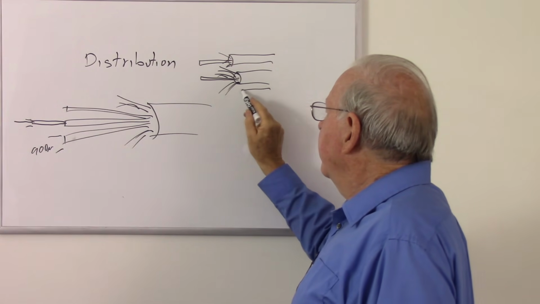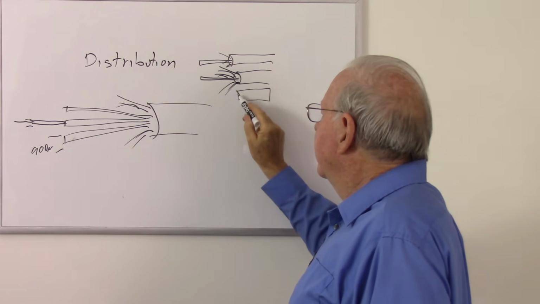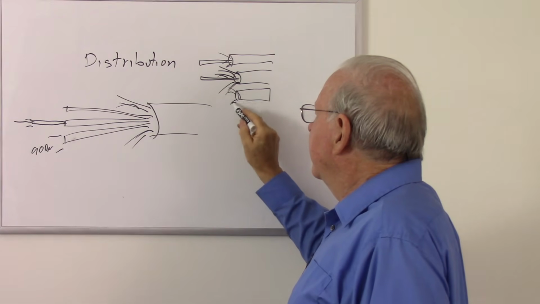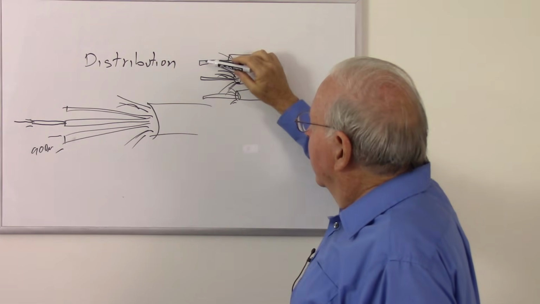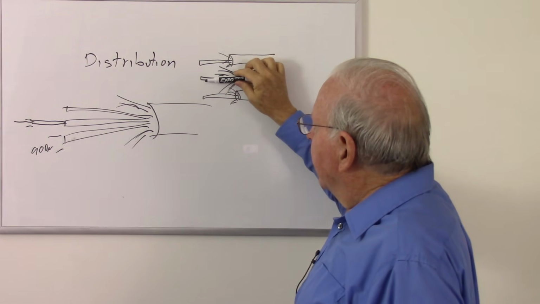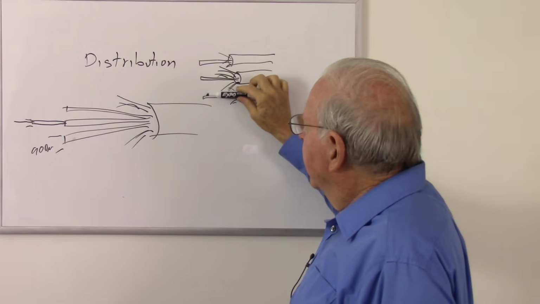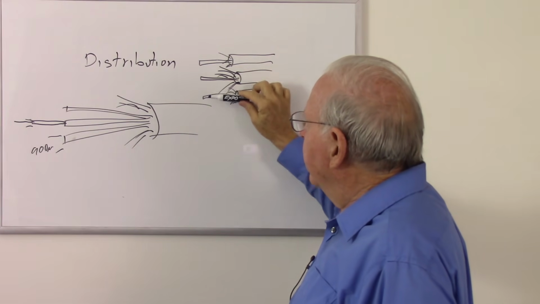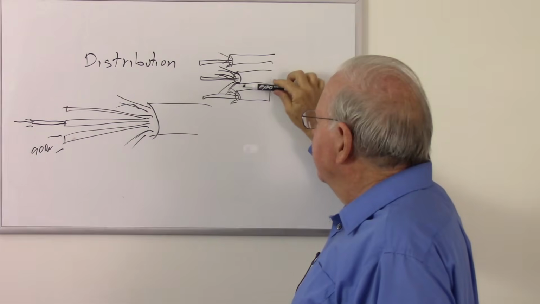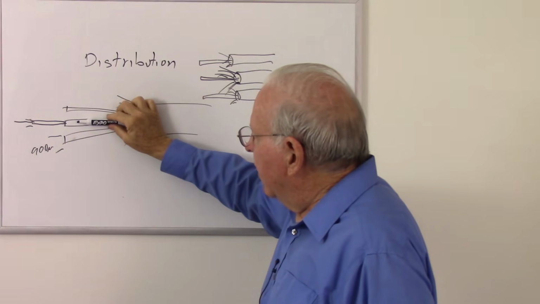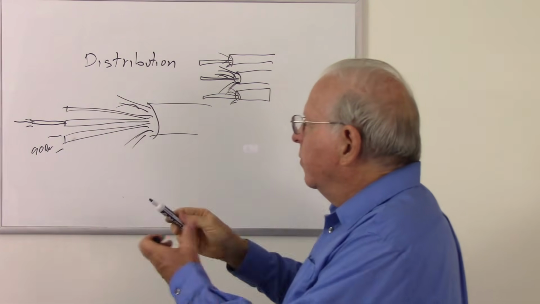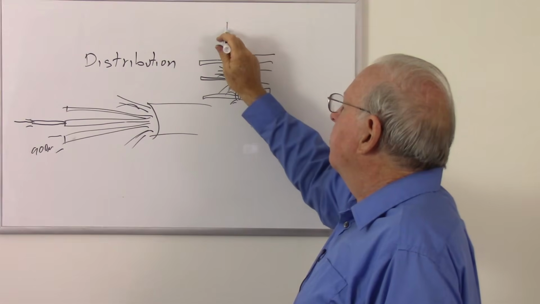so what's the difference here? One millimeter or 900 micron, just under a millimeter diameter fibers, each with their own individual jacket. Here we have a whole bunch of those fibers all in one jacket. That's distribution. This is called breakout.